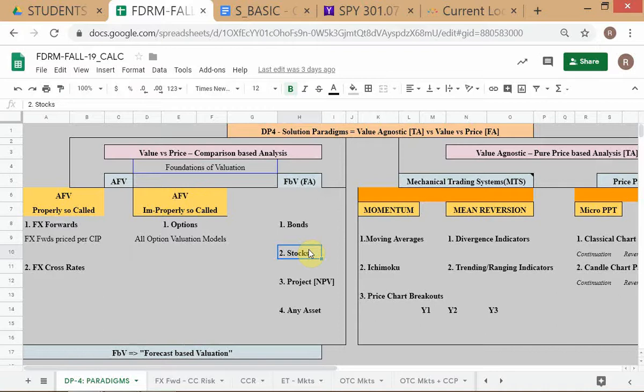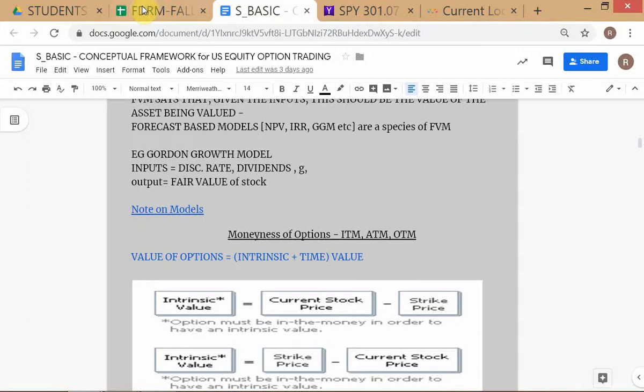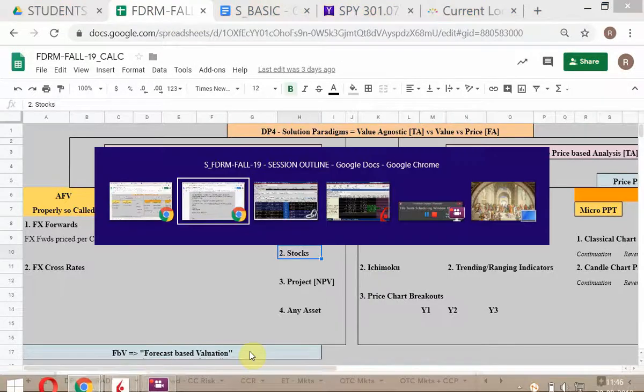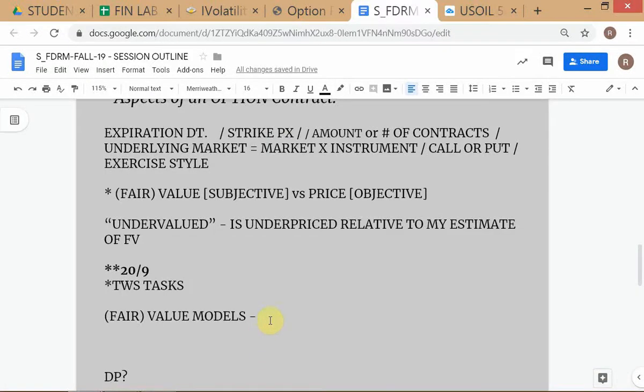These are what I call forecast-based models. So these are forecast-based fair value models.